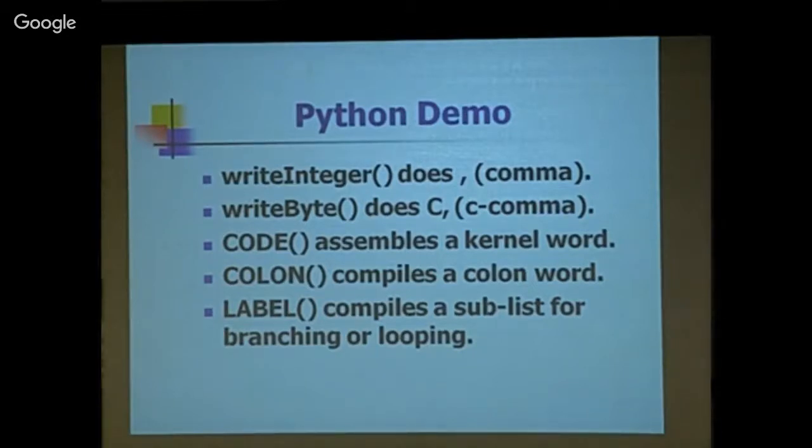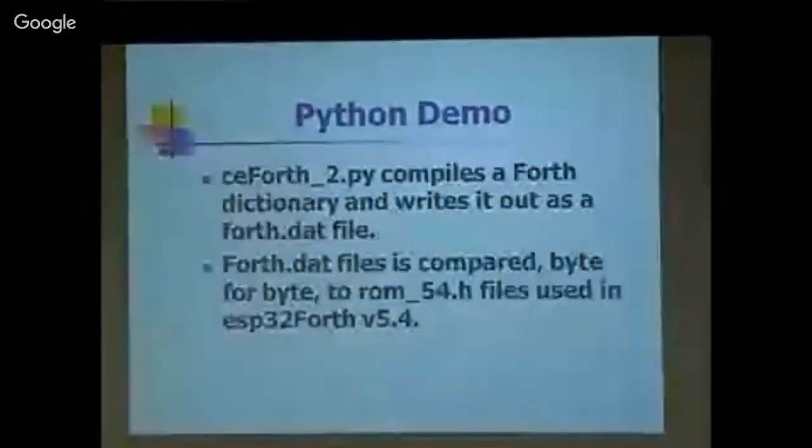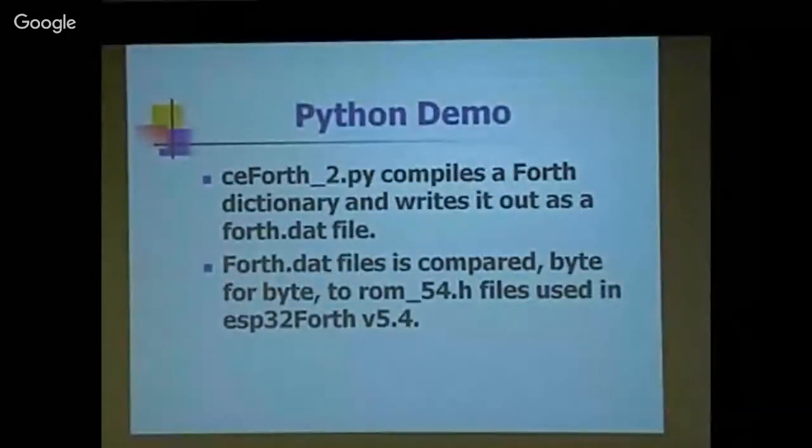I can reproduce the entire Forth dictionary as I generate it in Forth. There's no reason why this thing would not work, and it did work. So I think what I did with the Python was just make sure that I have everything lined up correctly to generate a correct Forth dictionary.